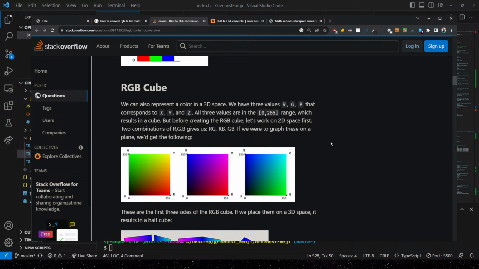Yellow, magenta, cyan, I guess, is the top right corner. Okay. There's green, there's red. So if you assume 0 blue, then what you get is this. This is actually a little bit interesting.